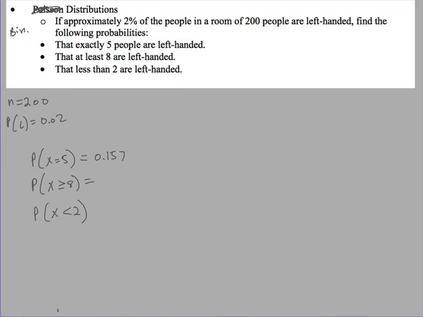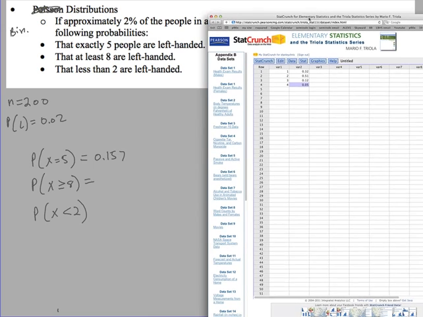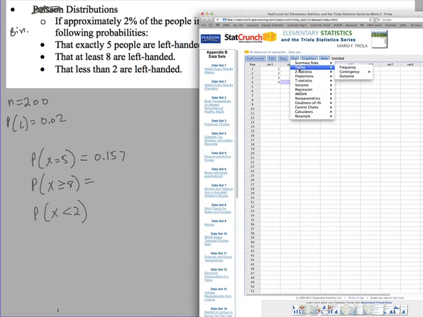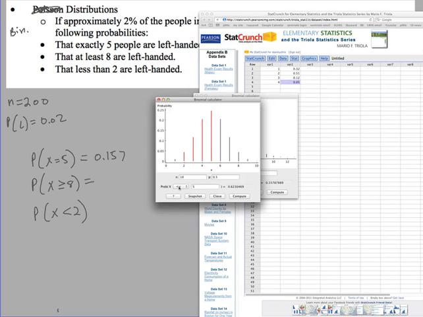Okay, let's go back to our StatCrunch. Back, and you just do this for all of them. I have my parameters in already. Oh, wait, this should be 0.02. Sorry about that. Let's make sure I did this right.